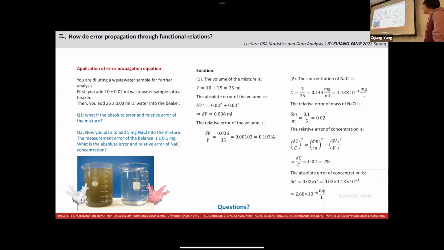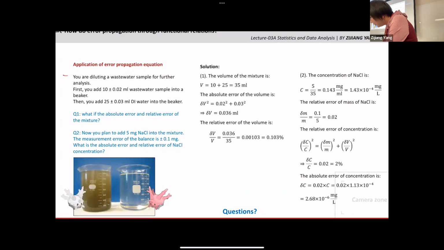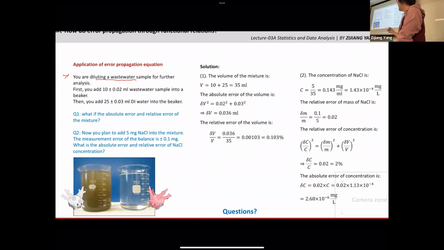So we have the error propagation equations, and here is an example. Let's say you are diluting a wastewater sample for further analysis. At first, you add 10 ml plus or minus 0.02 ml of wastewater sample into a beaker.